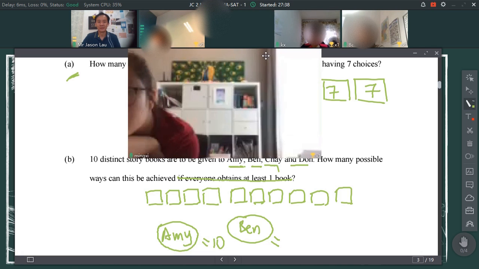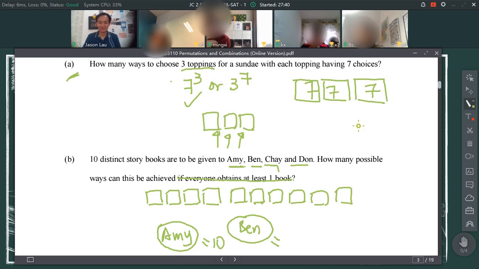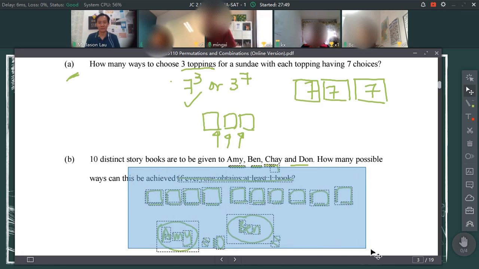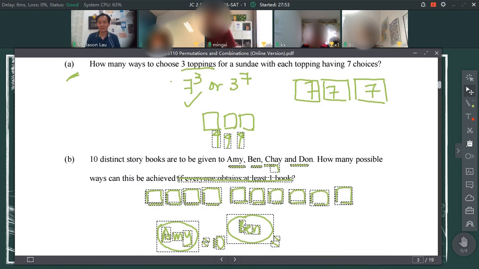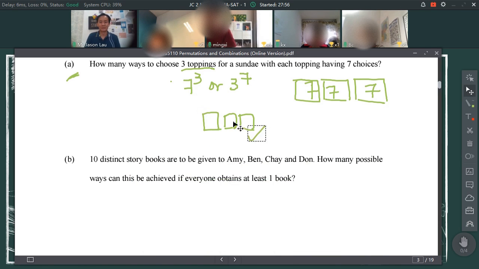But if you really want to solve this question where each person has at least one book, then how to solve? There's a way to solve, but it's complicated. It will involve your combinations already.